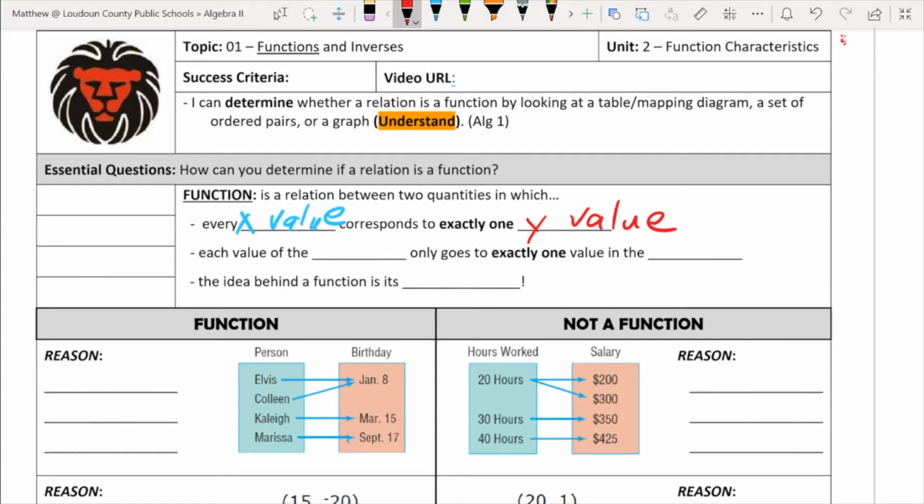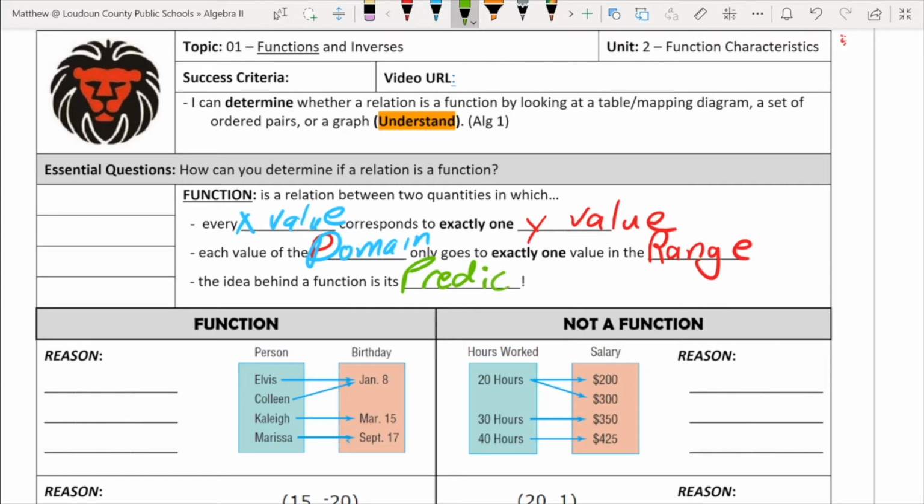The next thing we can say is each value of the domain, let's keep the x's, only goes with exactly one value in the range. The idea behind a function is it's predictable. We can predict it.